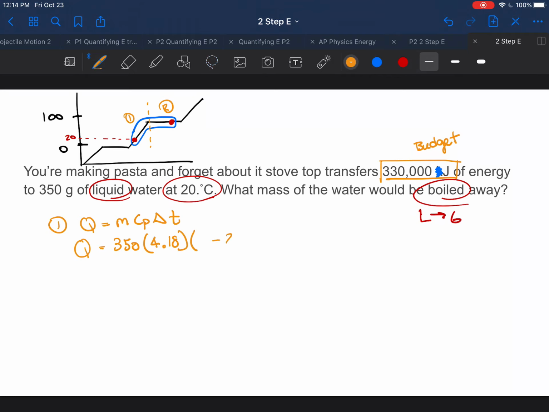And the change in temperature, well, it's starting at 20 degrees. So my start is 20. And the final is the maximum I can heat it when it becomes boiling. So boiling occurs at 100 degrees. So its final temperature, 100.